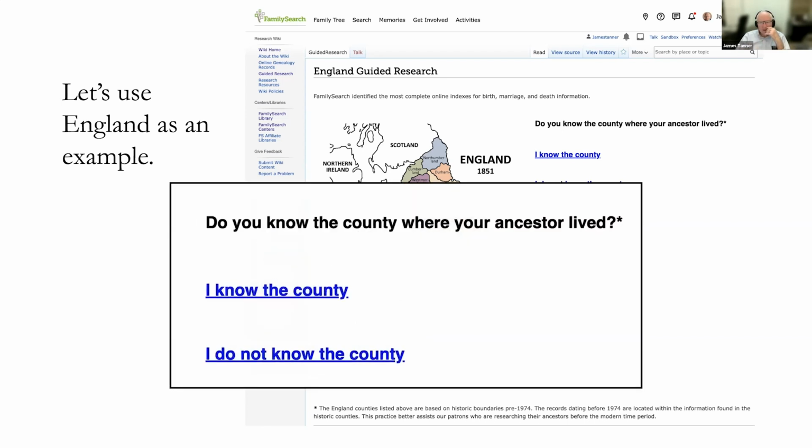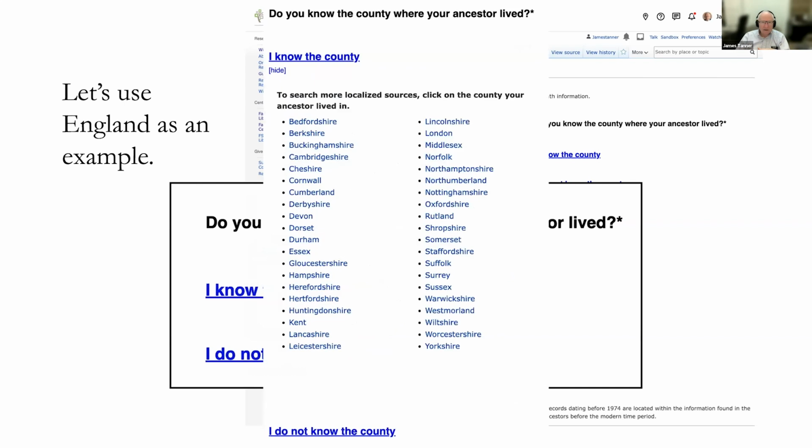So do you know the county where your ancestors lived? If you know it, you click on the yes. If you don't, you'd click on the other. And if you know, here's a list of the counties, and you can click here and go through and see additional records for each of these counties.